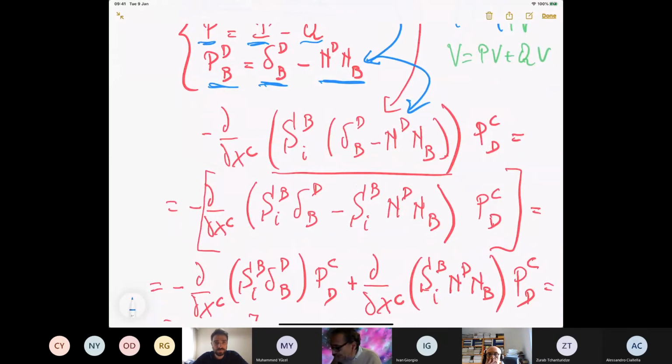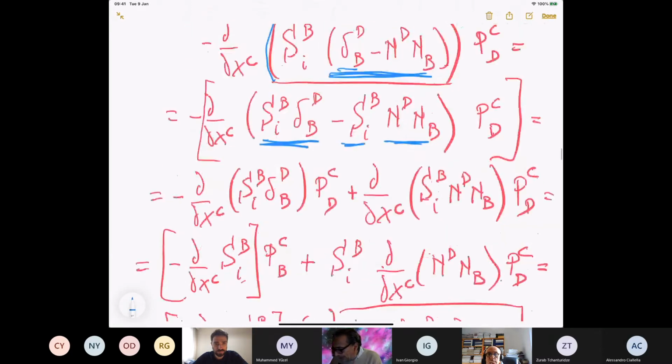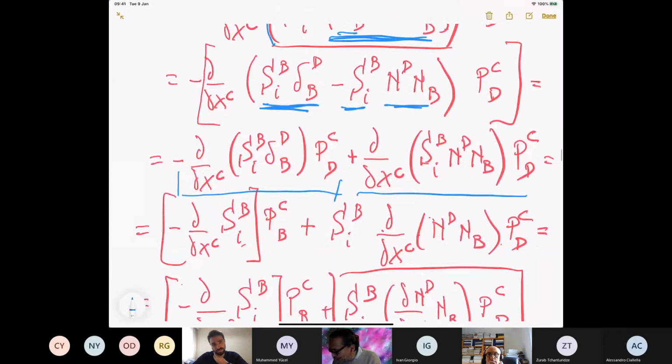These calculations are made in this way. You have d over dx_c of S_bi times this coefficient. Okay? You multiply S times delta and S times the normal. Then you apply the additivity of derivative. So you get this addend. Okay. And you have this addend here.